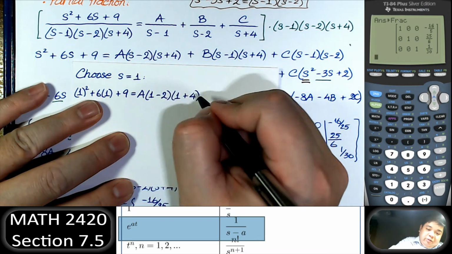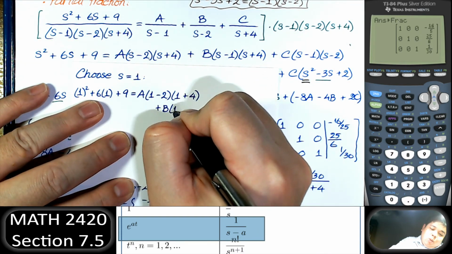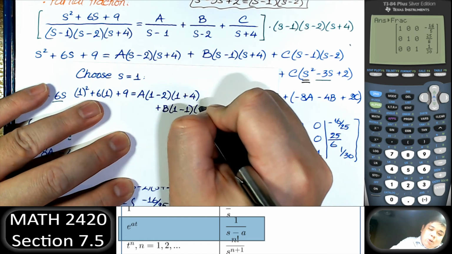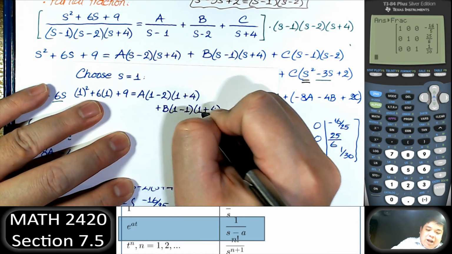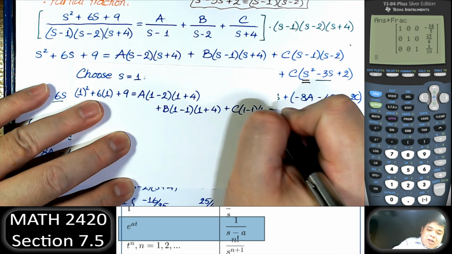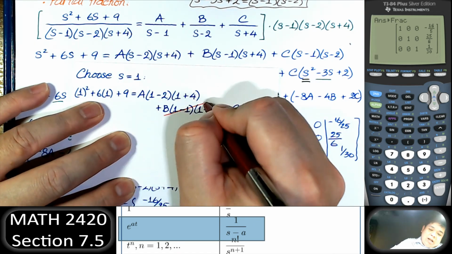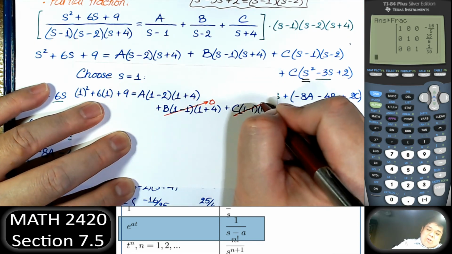Right, the first one I will write everything. Then plus B times 1 minus 1, 1 plus 4. So we put 1 in for s. And then C times 1 minus 1, 1 minus 2. But we have 1 minus 1, that go to 0, 1 minus 1, that go to 0.